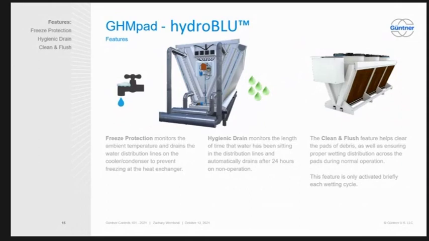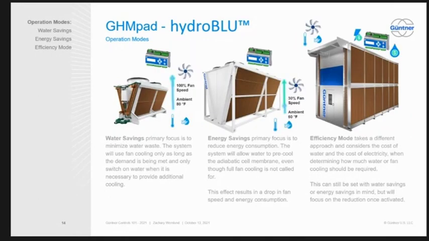It's smart enough to figure out the best way to save energy. When it's talking about saving energy, it's just the energy consumption of the fans on the gas cooler.